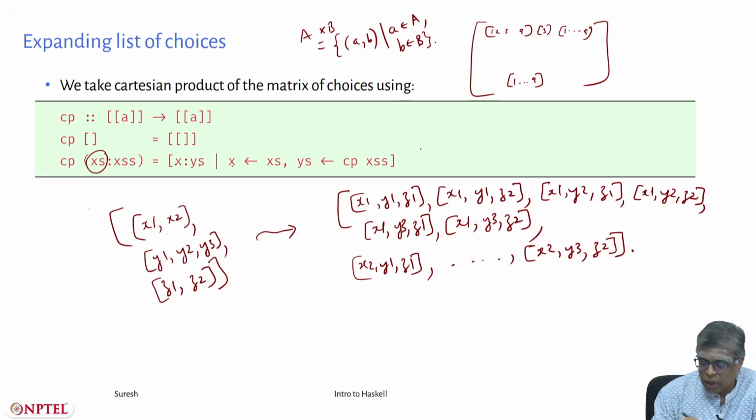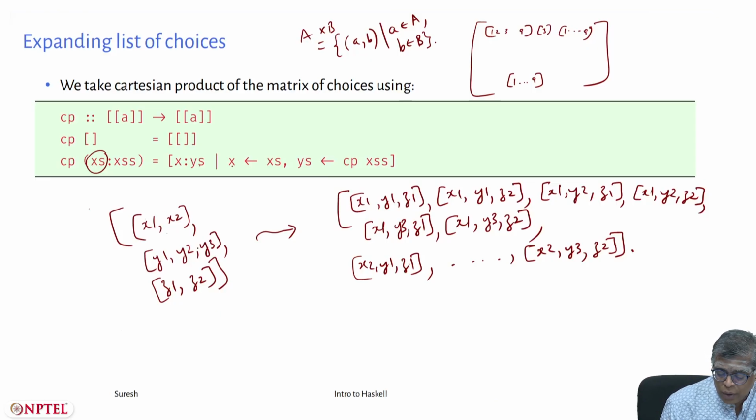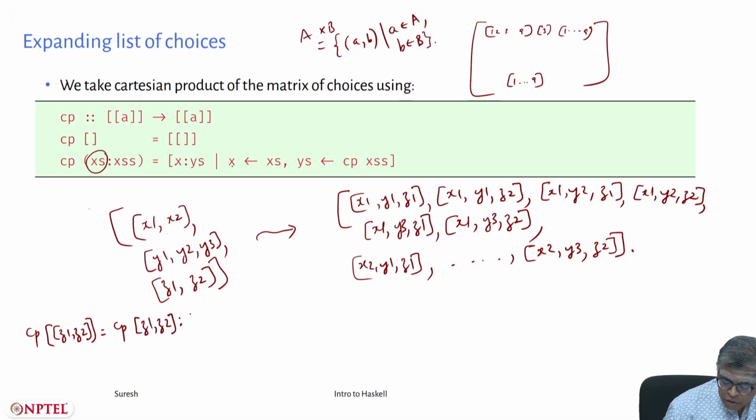So to get back to this example, if I have x1, x2, y1, y2, y3, z1, z2, I don't need to write this again. If I try to do the Cartesian product of y1, y2, y3 and z1, z2, I should see what I get. So suppose I just do the Cartesian product of this list followed by empty.